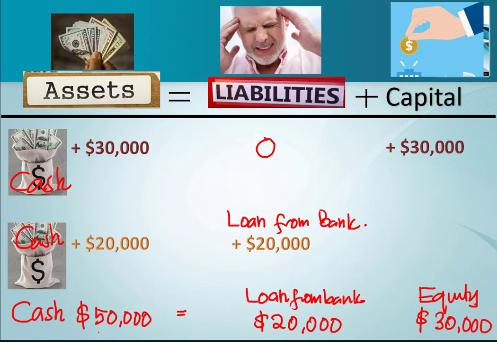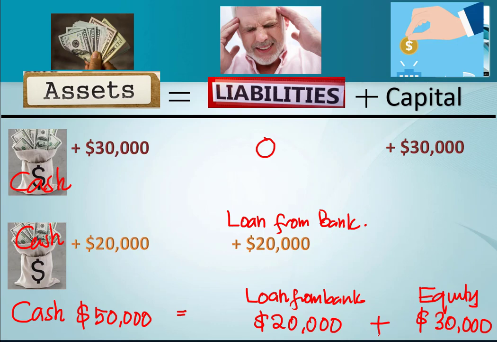Okay, so cash 50,000, loan 20,000, and then the equity is 30,000. In simple words, I can say that the business now has cash of 50,000, where 20,000 comes from the bank and 30,000 comes from the business owner.